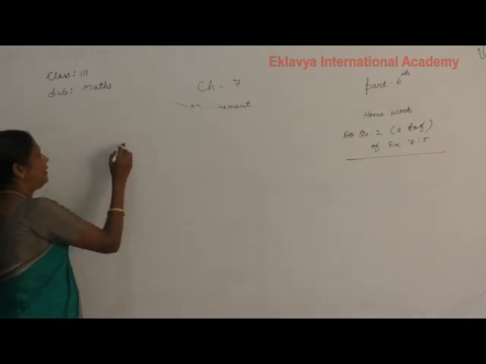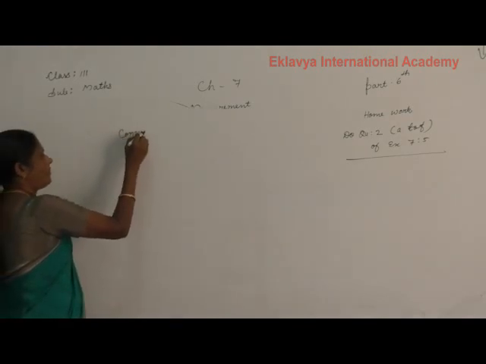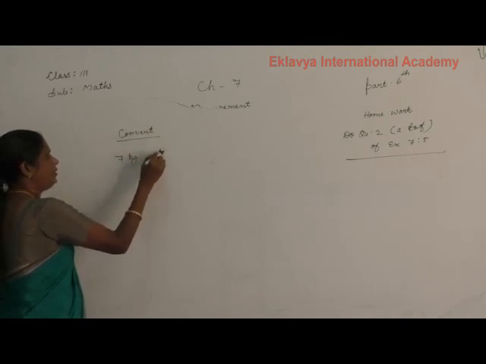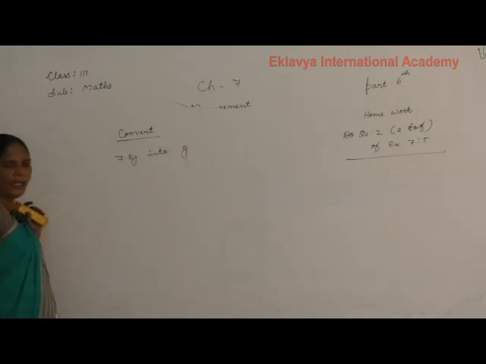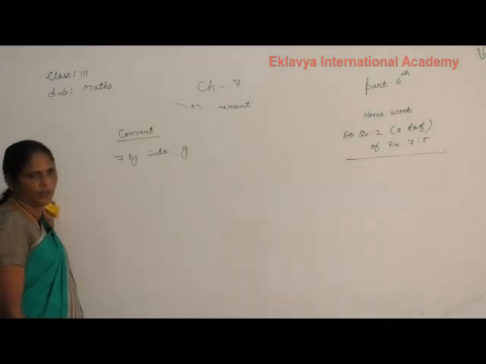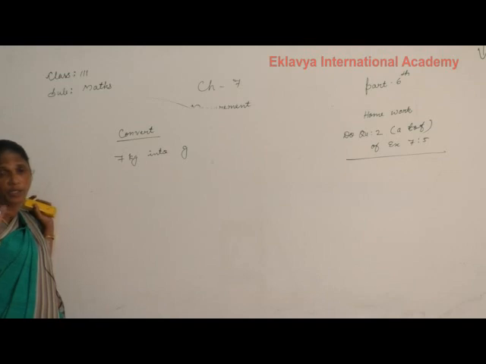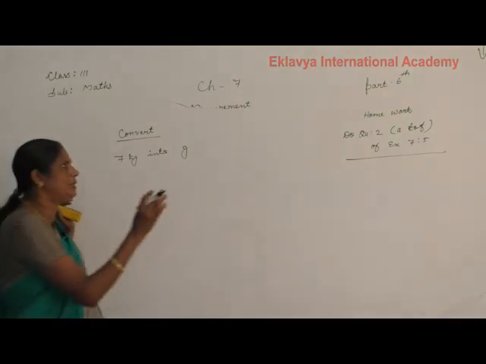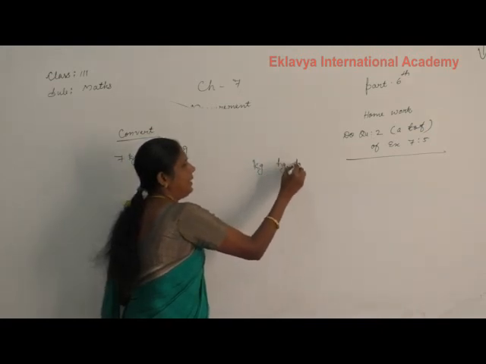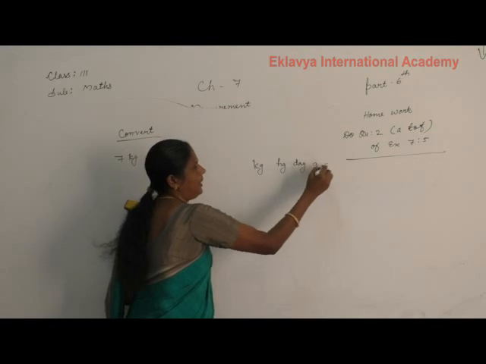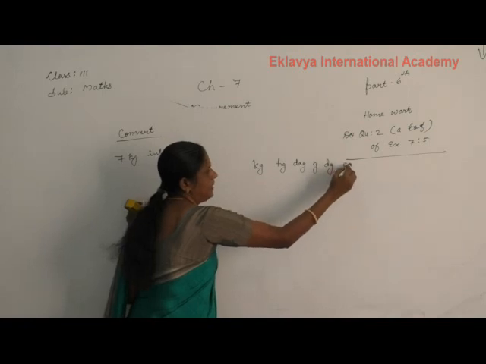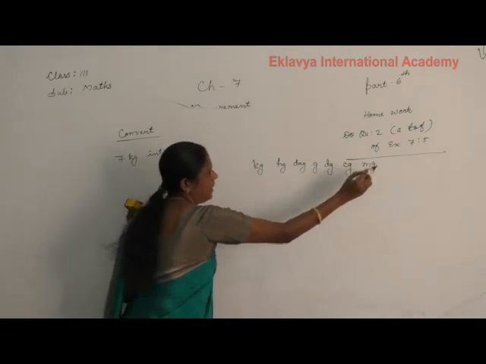Now convert 7 kg into gram. Kg into gram, we multiply by 1000. First you write the measurement units of weight: kilogram, hectogram, decagram, gram, decigram, centigram and milligram.